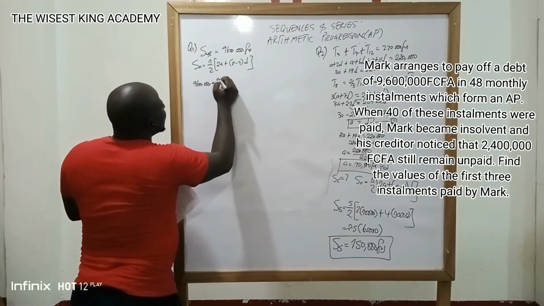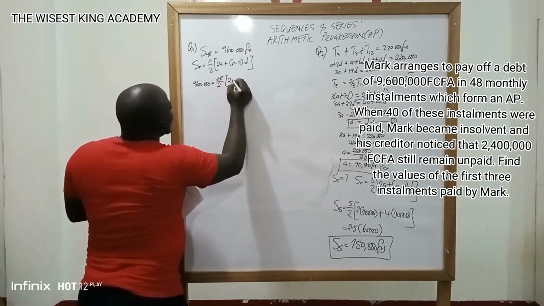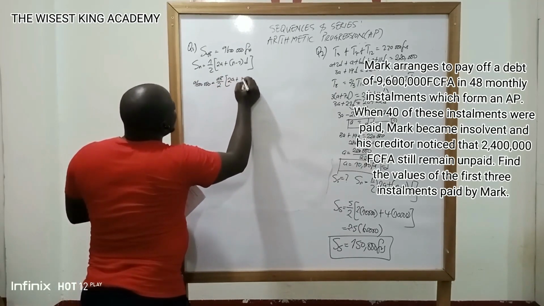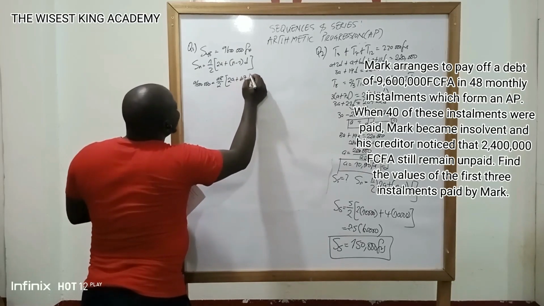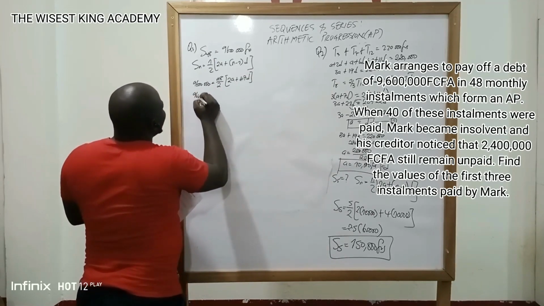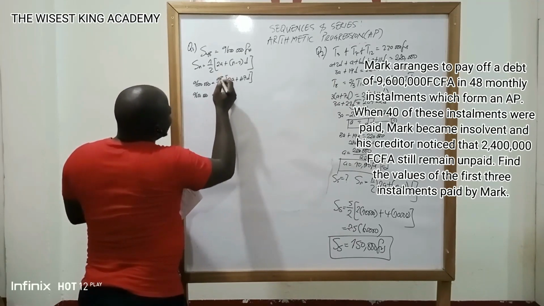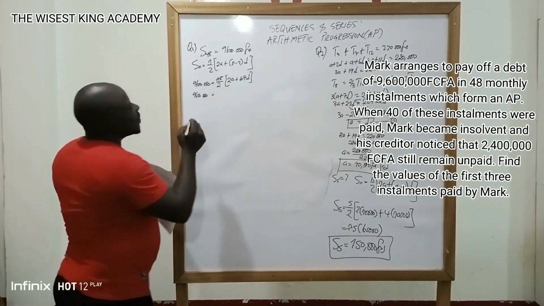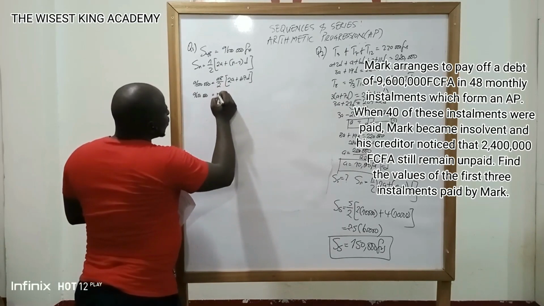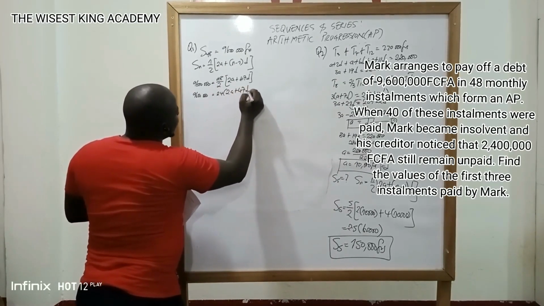is going to be 48 divided by 2, big bracket open, 2a plus 47d. Don't forget, 47d. So we expand again: 9,600,000 equals 24 times (2a plus 47d).